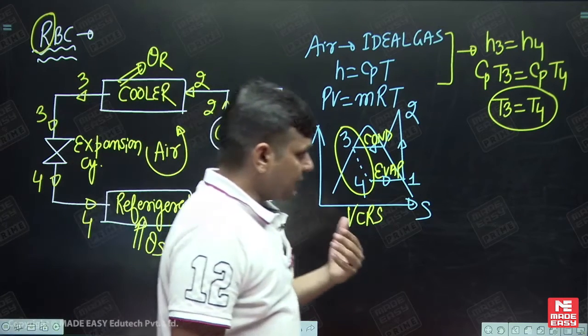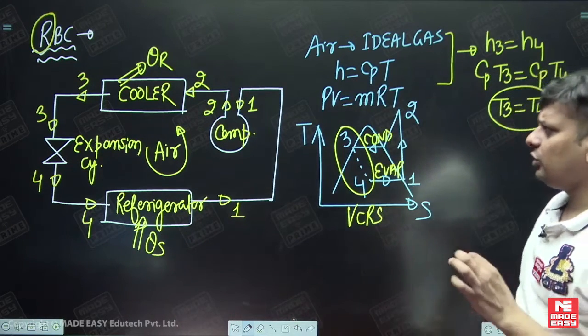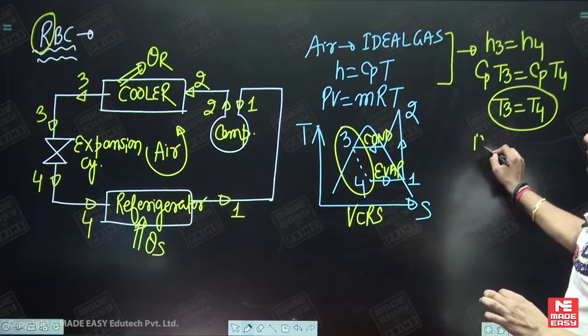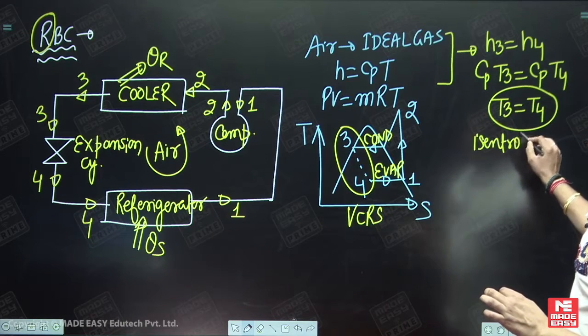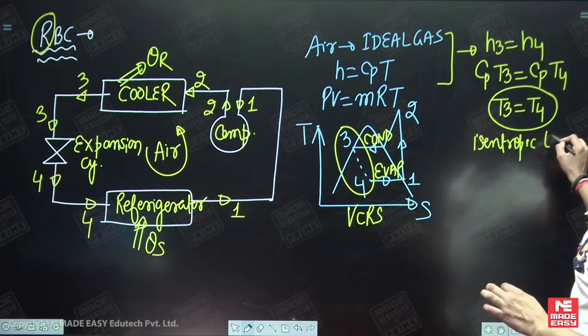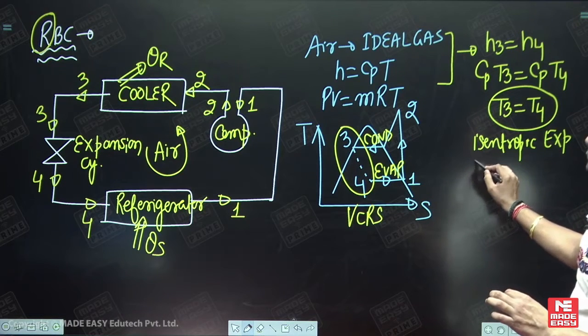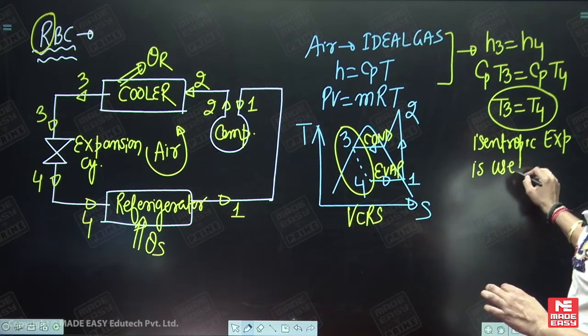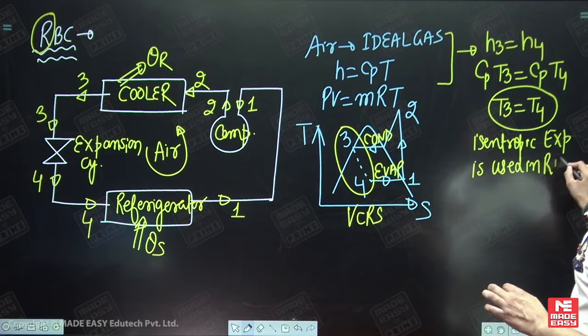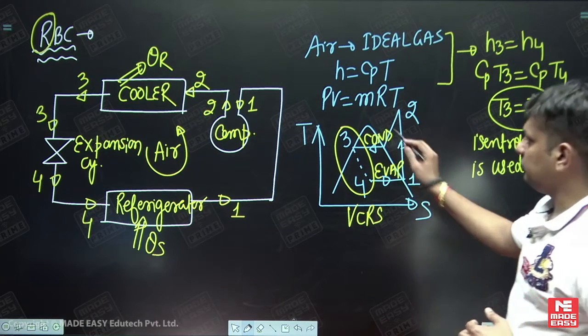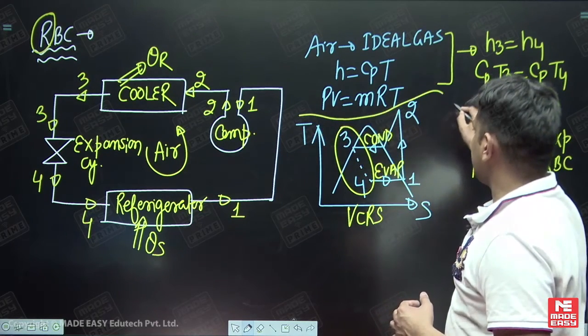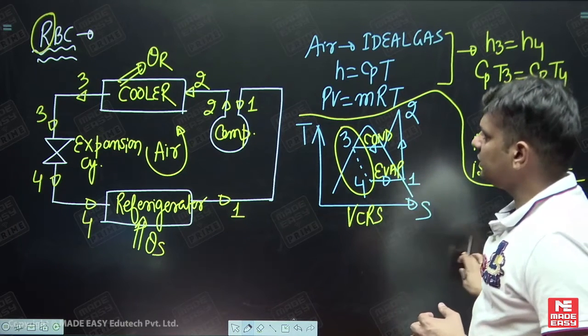So that's why isentropic expansion is used in your reverse Brayton cycle.